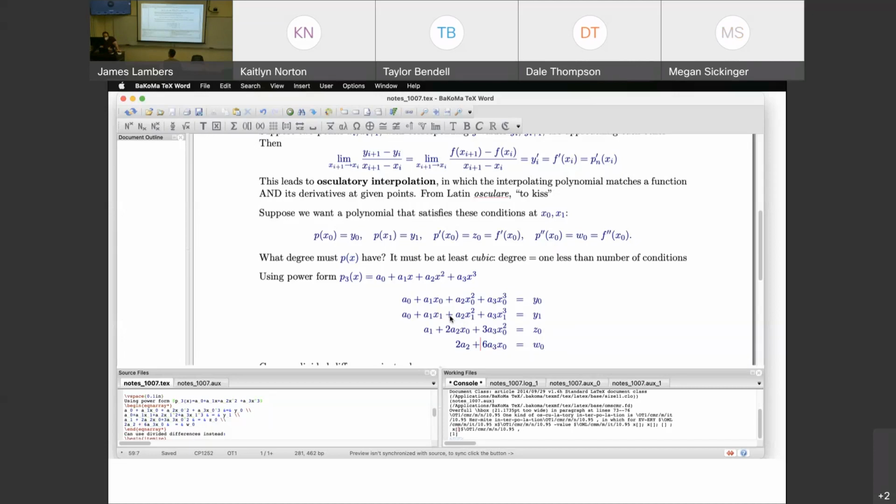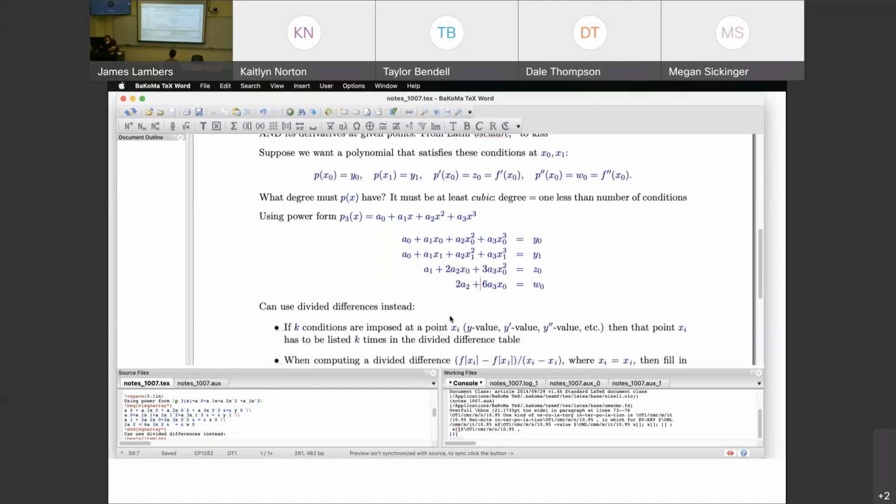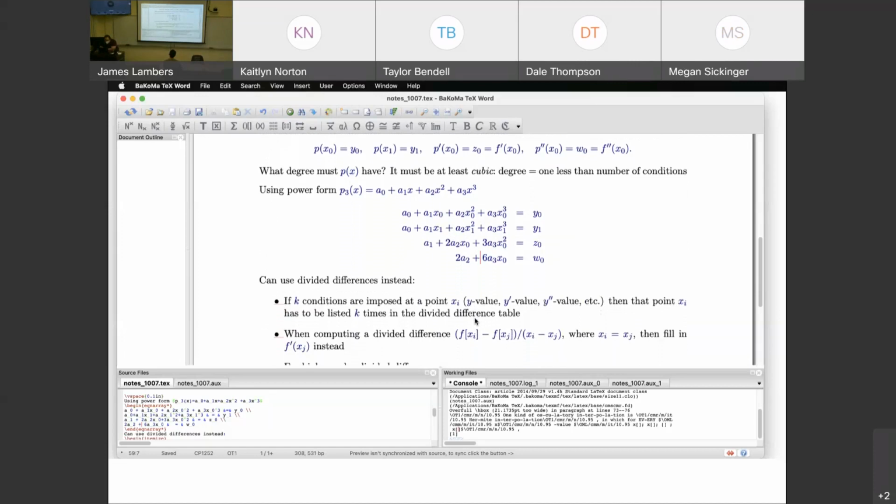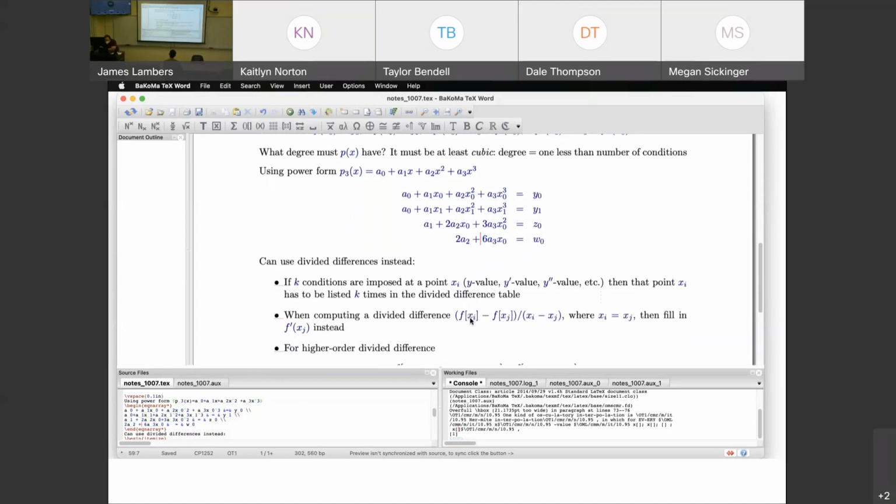It turns out to be easiest to work with the Newton form. But here's how we do it, because you have to take into account that we're trying to match derivatives. So here's what you do. Suppose you have a point xi, and you are specifying its y value, y prime value, y double prime, so up to a certain order derivative.